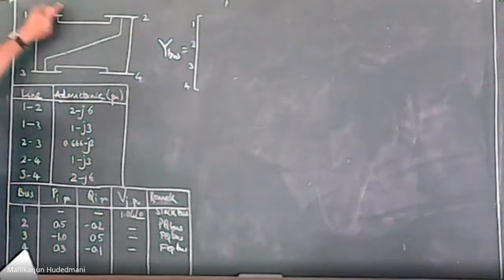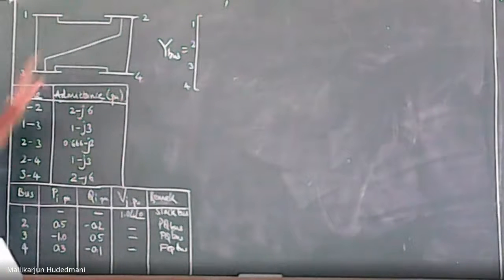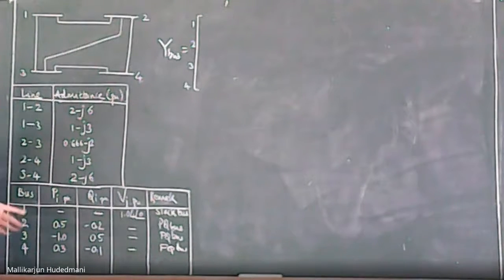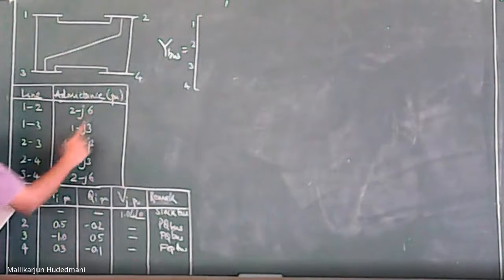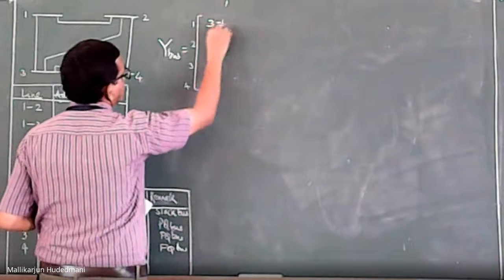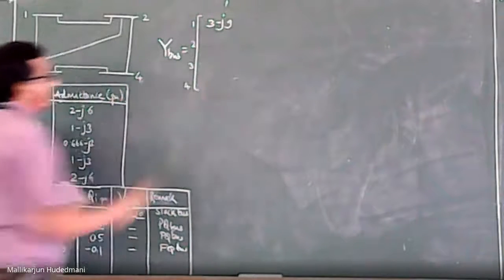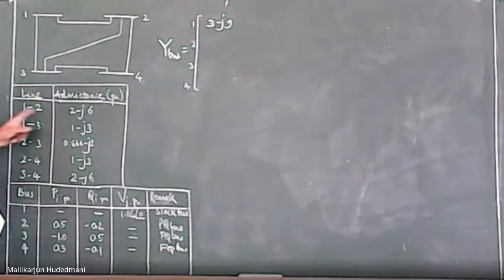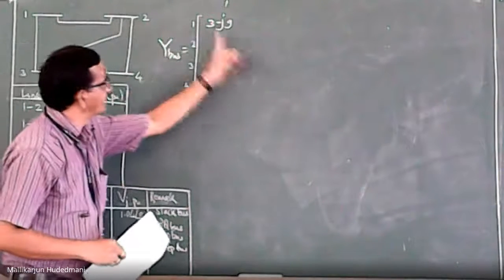How many are there? 1 to 2, 1 to 3. That's all. Add these two: 2 minus j6, plus 1 minus j3, gives 3 minus j9. Hope you are able to get this point. 1 to 2, 1 to 3, if I add them, that becomes the first diagonal element.